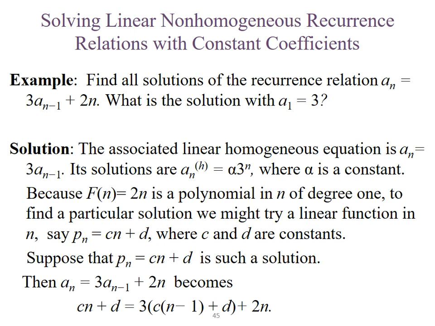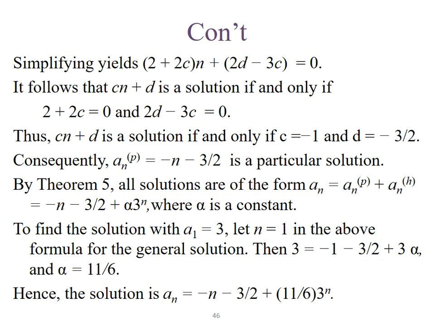Once we replace a_n by cn + d, on the left-hand side a_n becomes cn + d. On the right-hand side, a_(n-1) becomes c(n-1) + d, and we have the last term 2n. Then we can move all terms with n together, and the other coefficients.